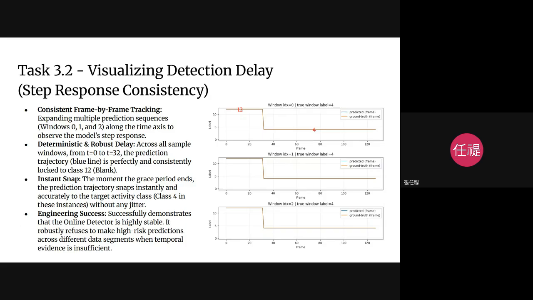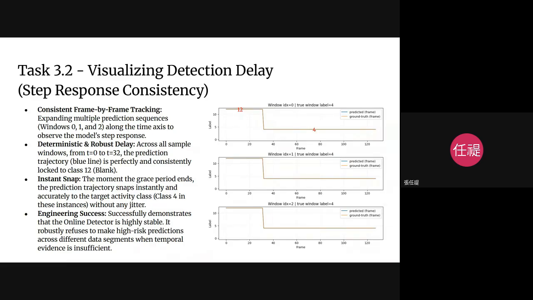The orange line is the ground truth, and the blue line is the model's frame-by-frame prediction. Notice the incredible consistency across all these plots. In every single instance for exactly the first 32 frames, the blue line perfectly locked onto class 12, the blank class.